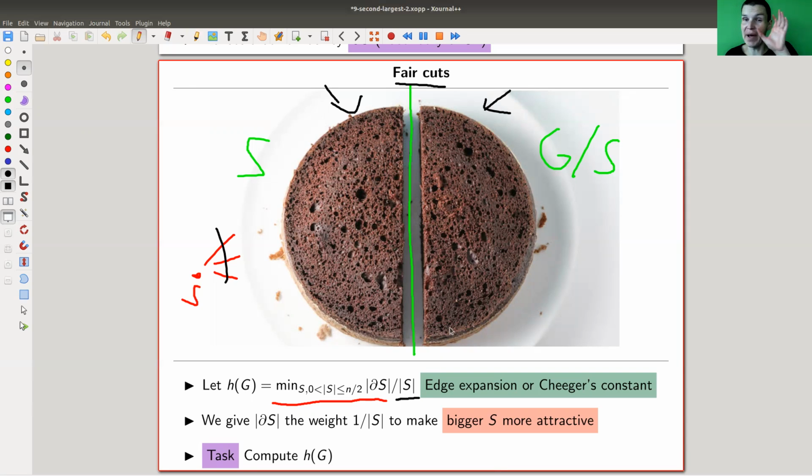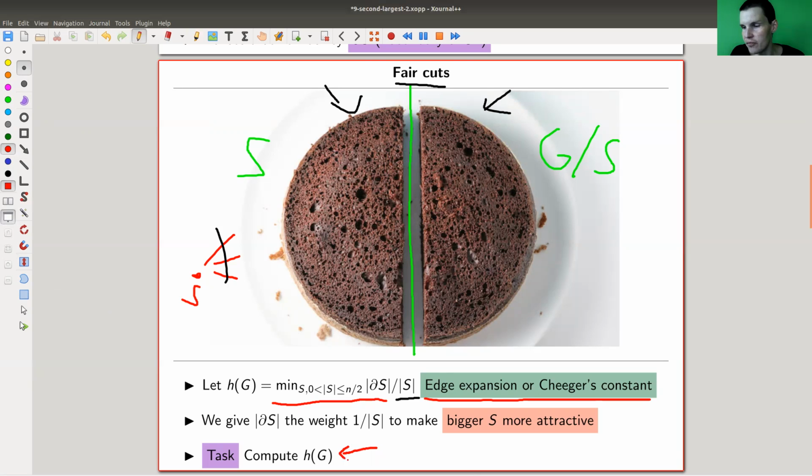So it's better in this game to cut off larger subsets. That's what we want to minimize over all possible cuts of subsets, normalized by the size of the subset. This constant, associated to a graph, is called either edge expansion or Cheeger's constant.